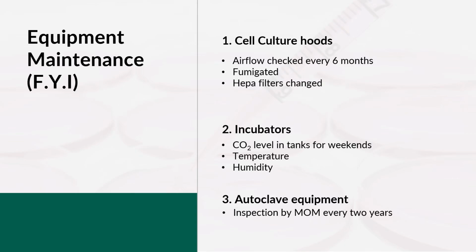For humidity, the atmosphere within the incubator is normally humidified by means of a tray of water, which is placed at the bottom of the incubator. So you can change and clean this tray of water, but always remember that you have to use deionized or RO water.